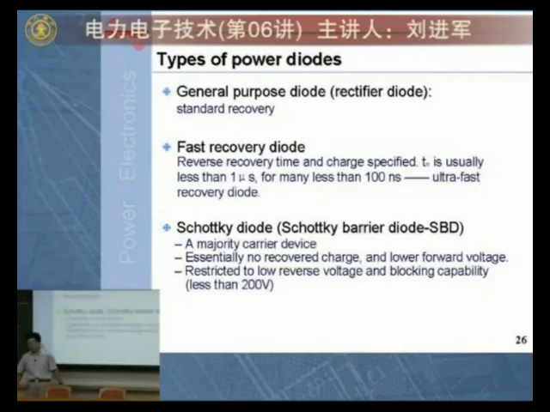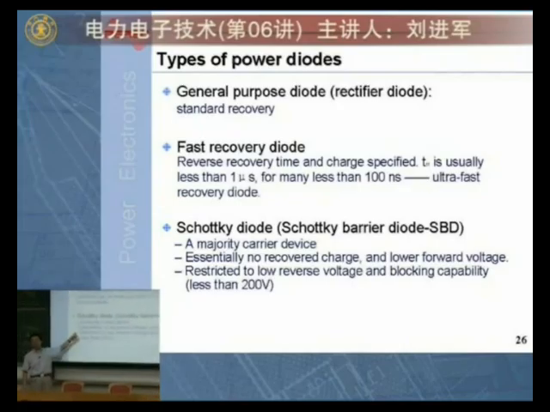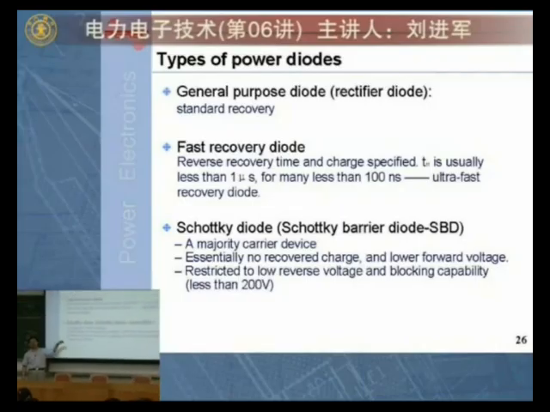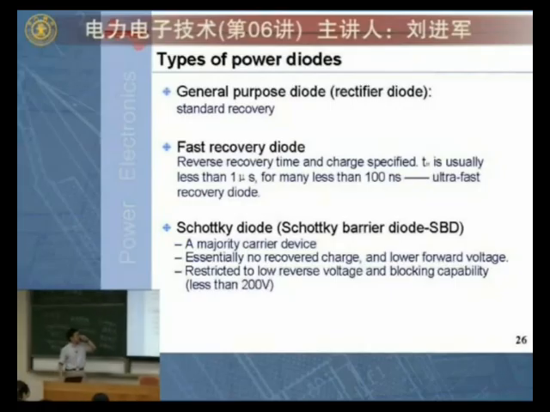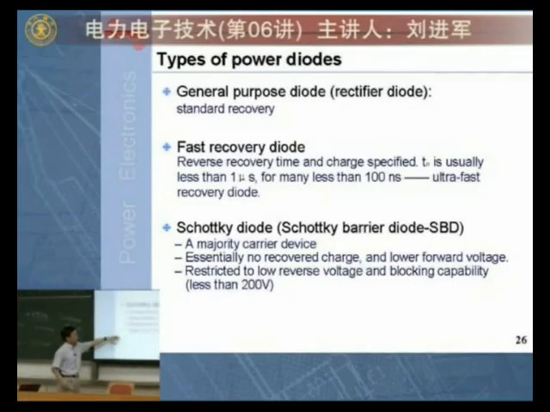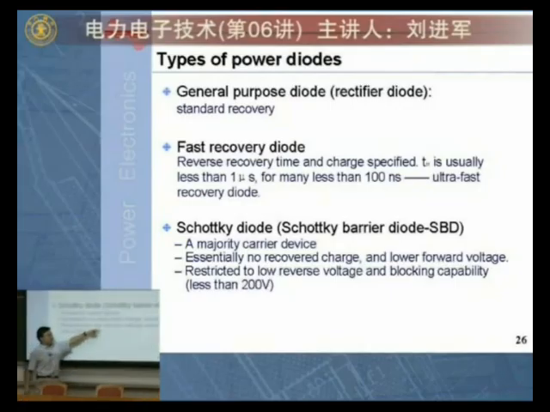What we need to know is that this type of diode has no reverse recovery process, because there's no p-n junction there. Okay? Essentially, no reverse recovery charge. Okay?